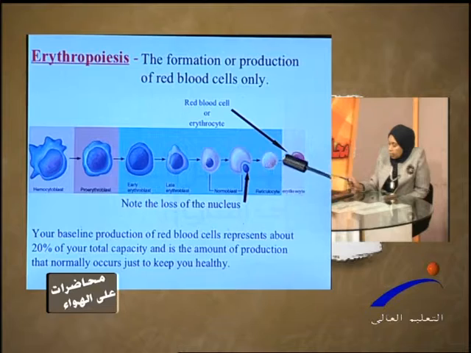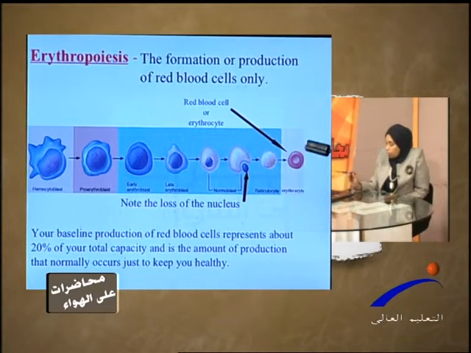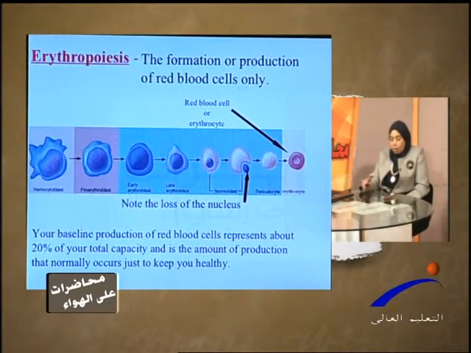Only the reticulocytes are formed, from 0.5 to 2.5% of the total erythrocyte mass in our body in peripheral circulation. Reticulocytes increase in some special situations, like after hemorrhage or hemolysis, or after treatment of anemia.